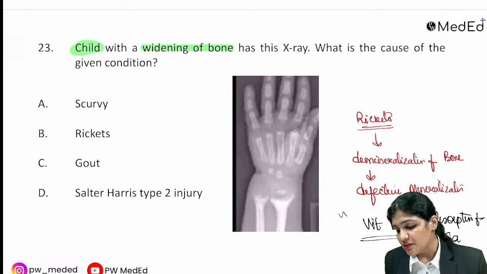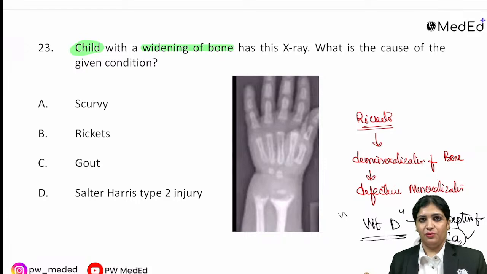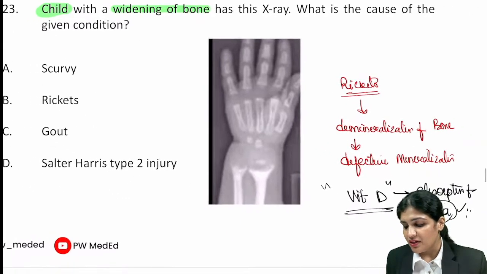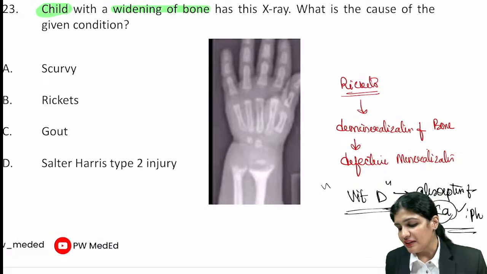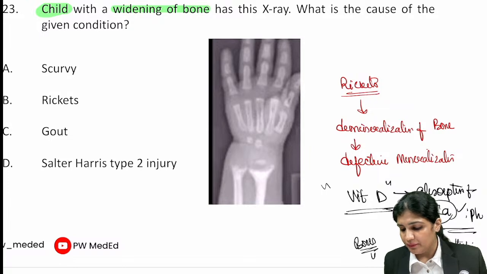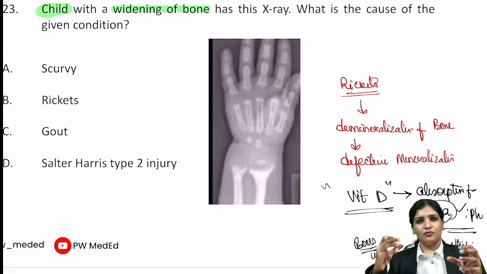So this calcium is deposited in the bone, and this calcium and phosphorus will give the strength to the bone.